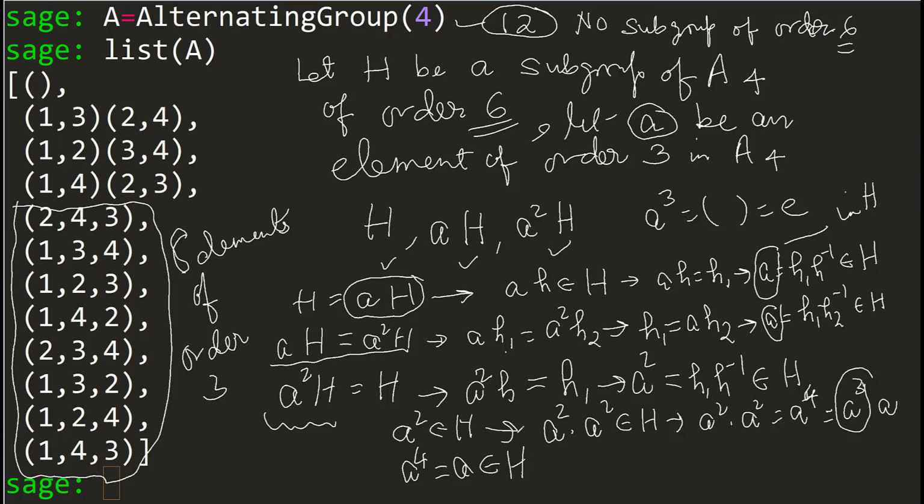So what we are arriving at is this, that if we take any element of order 3 in A4, as we did here, then A ends up in H, right? And how many such elements are there?